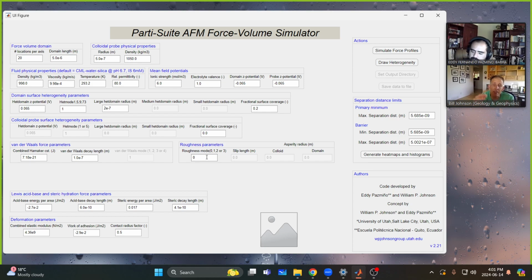Now, on the other hand, another aspect of roughness that is not taken into account here in the AFM simulator, or in the XDLVO, is the ability of roughness to create multiple points of contact, right?